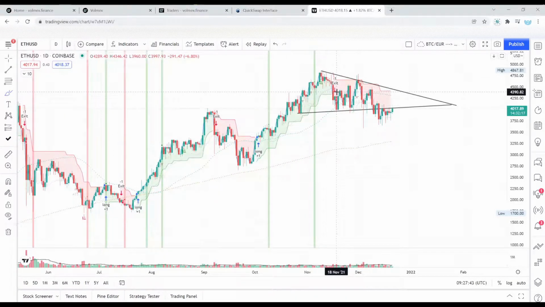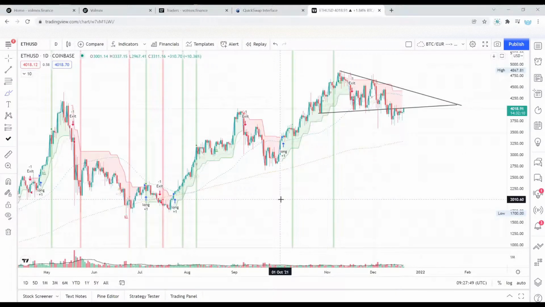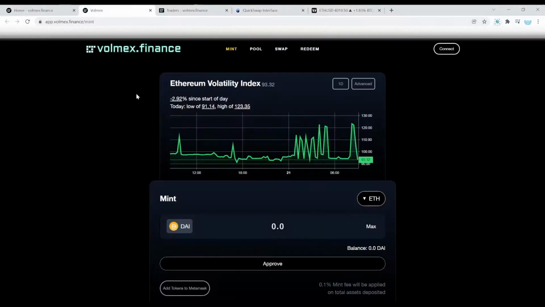Okay, I know it's a little bit complicated if you're not familiar with the concept of volatility, but most of the option strategies are based on volatility. For example, you have implied volatility, you have realized volatility. It's a whole big topic, but for us, what's important is that the idea of Volmex is really, really good because, of course, crypto is very volatile.